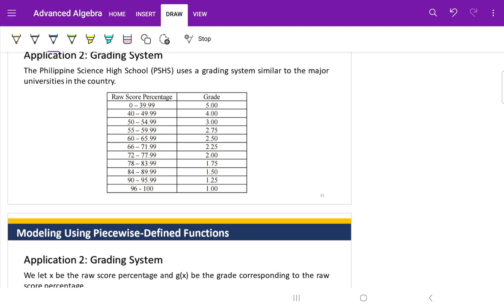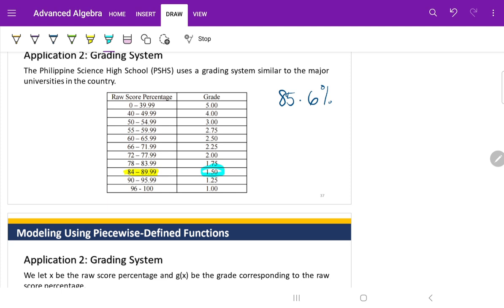So let's say you have a raw score average or grade of 85.6%. In order to compute its corresponding PSHS grade, we need to refer to this table. 85.6 is within this range. Therefore, your grade would be 1.5.